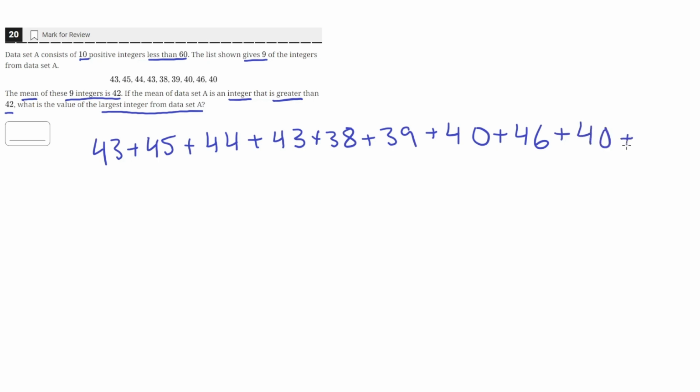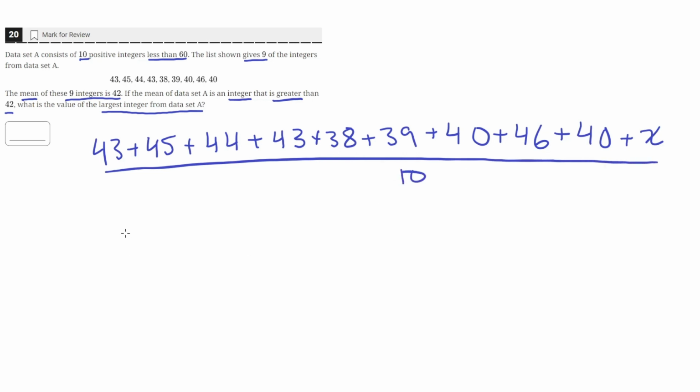And then the 10th term that we are going to find, we'll just say it's x. And then we just divide that by the total number of terms, which is 10. And after we add all these together, we get 378 plus x, which is the 10th term we don't know yet, over 10.